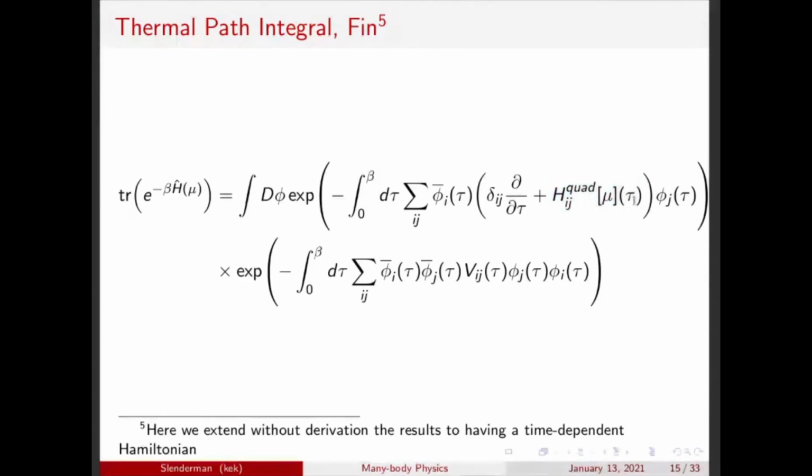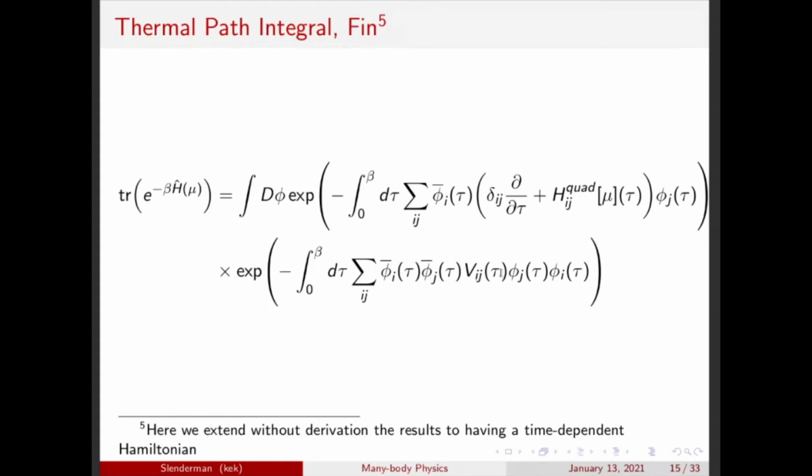So this is the quadratic bit, and this is the two-particle interaction bit of our Hamiltonian. This Vij could be a Coulomb interaction, it could be a Hubbard interaction, it could be whatever you desire. In fact, we can even have the Hamiltonian and the quadratic and interaction bits be dependent on time.